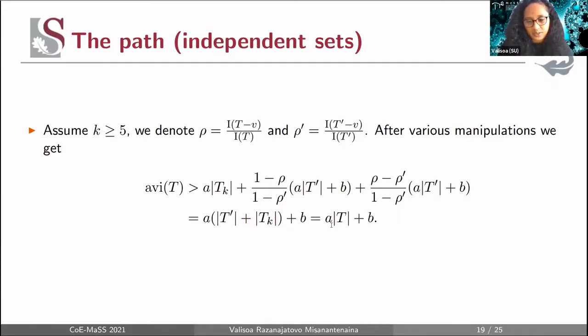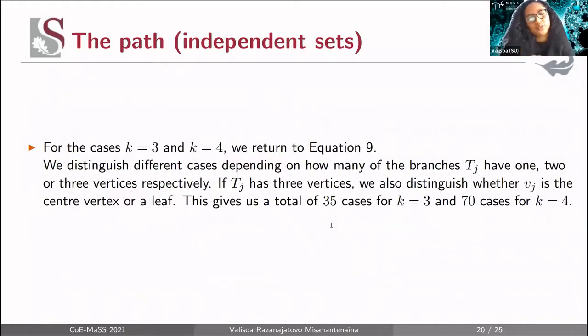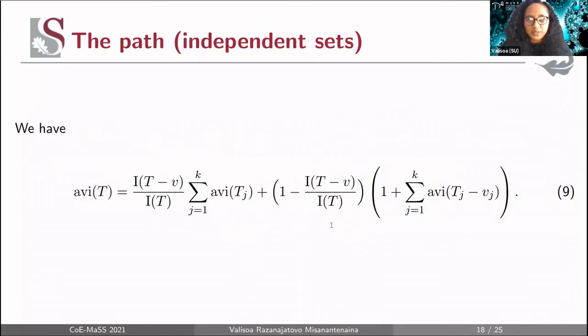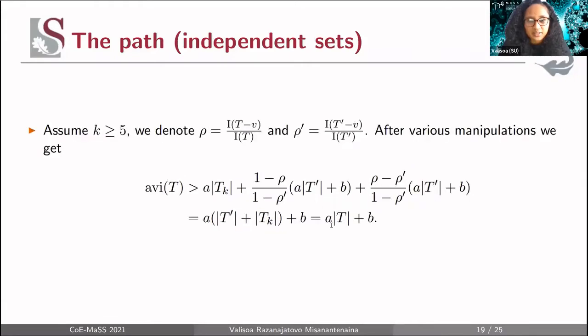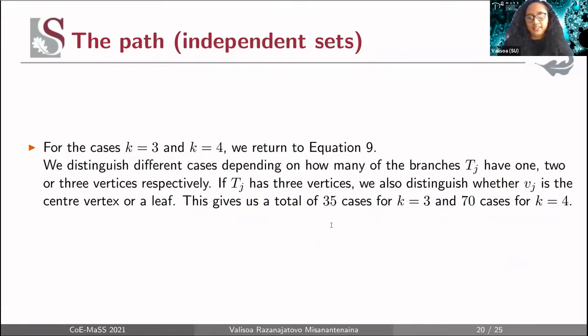That was for k greater than or equal to 5. For the cases where k is equal to 3 and k is equal to 4, we go back to equation 9 we have here, and we study different cases depending on how many of the branches have 1, 2, or 3 vertices.